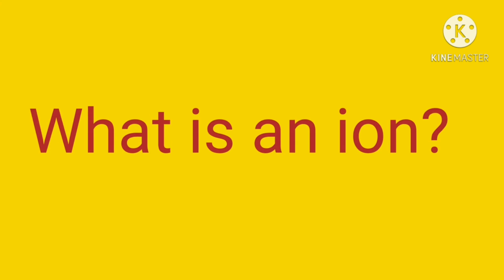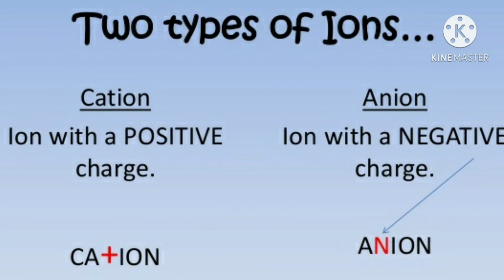Children, what is an ion? Compounds formed by metals and non-metals contain charged particles. The charged particles are known as ions. A negatively charged ion is called an anion and a positively charged ion is called a cation.